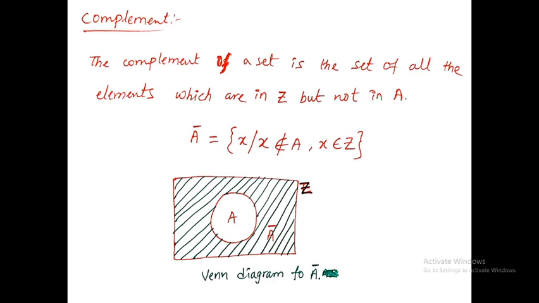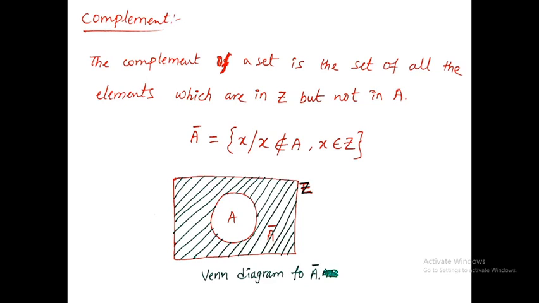Here I have used A complement, which is equal to x such that x does not belong to A but x belongs to Z. Here Z is the universe of discourse, the rectangle box. So x should not belong to that complemented set.